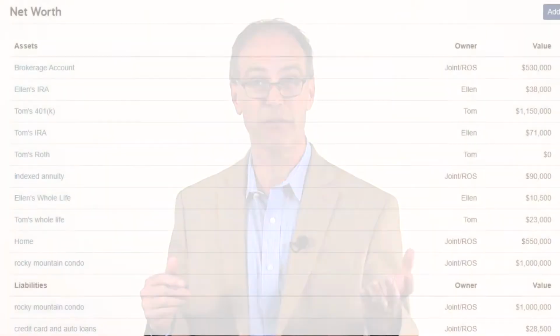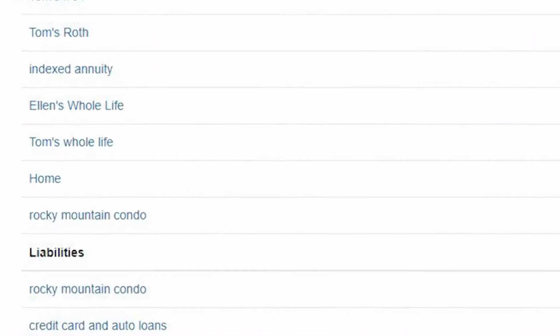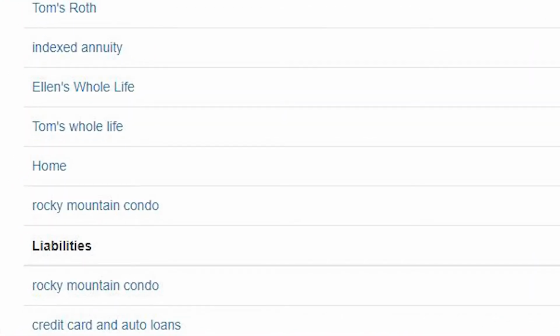So first of all, we want to get organized in regards to what do you have, what's it invested in, and how all those accounts are funded and how much money is in those accounts. So that is where we're looking at your net worth. Then we also have liabilities because your net worth is your assets minus your liabilities. So in the first program, we have a snapshot of everything that you have and where it all sits.